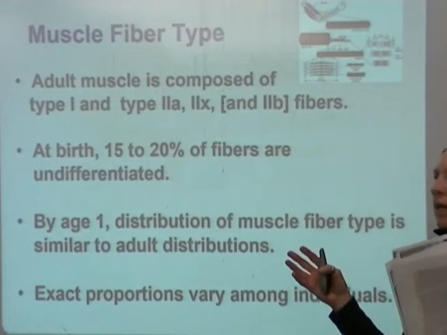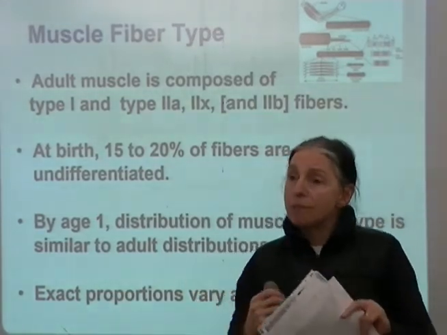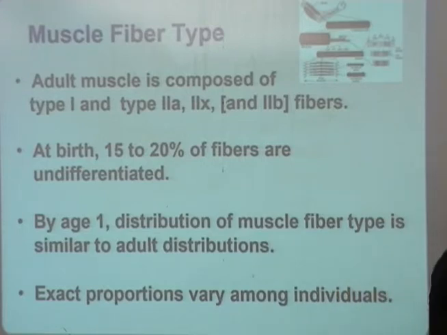I can be slow and keep going for a long time, or I can be fast and fall on my face after a not very long time. Okay? I can't be fast for a long time. Those two things don't go together. So when we look at muscle tissue, we have different kinds of fibers in our muscle that do different jobs.